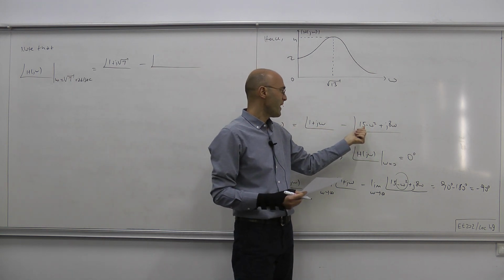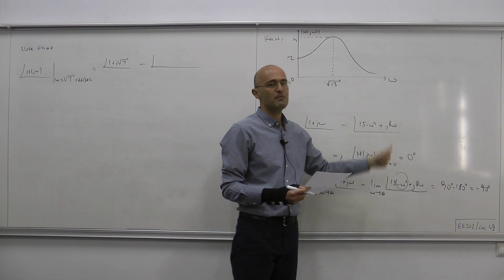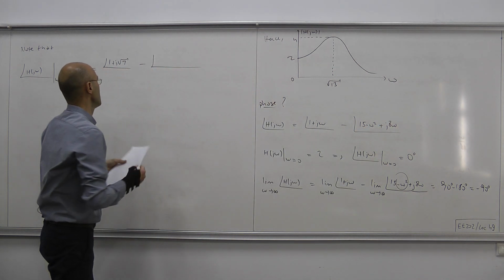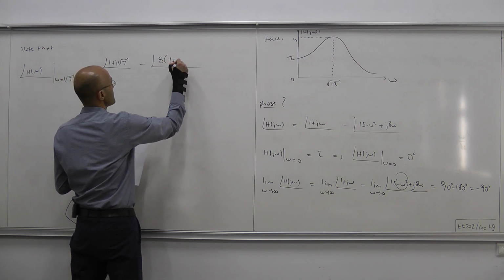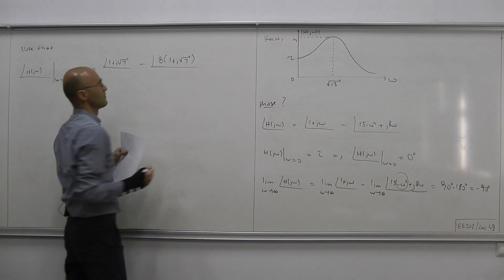So we have 8 plus j8 square root of 7, in other words 8 times (1 plus j square root of 7).